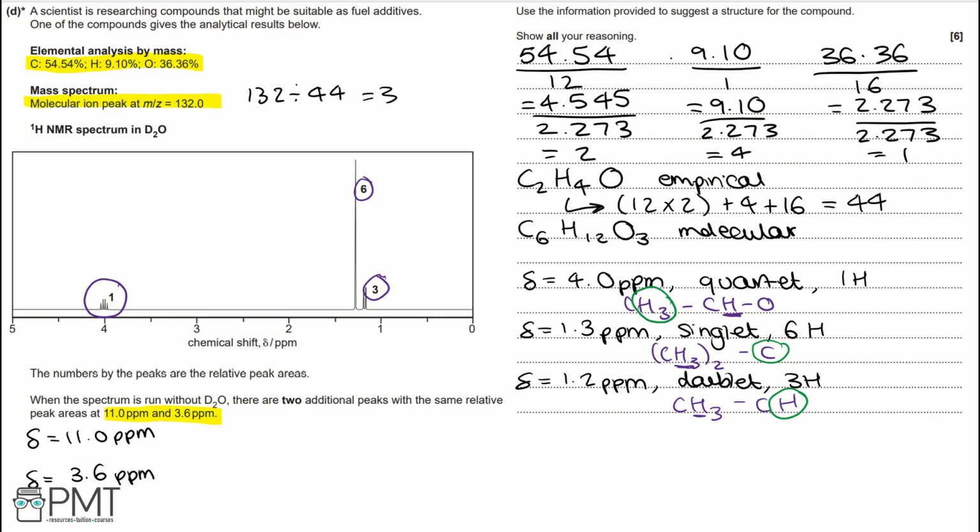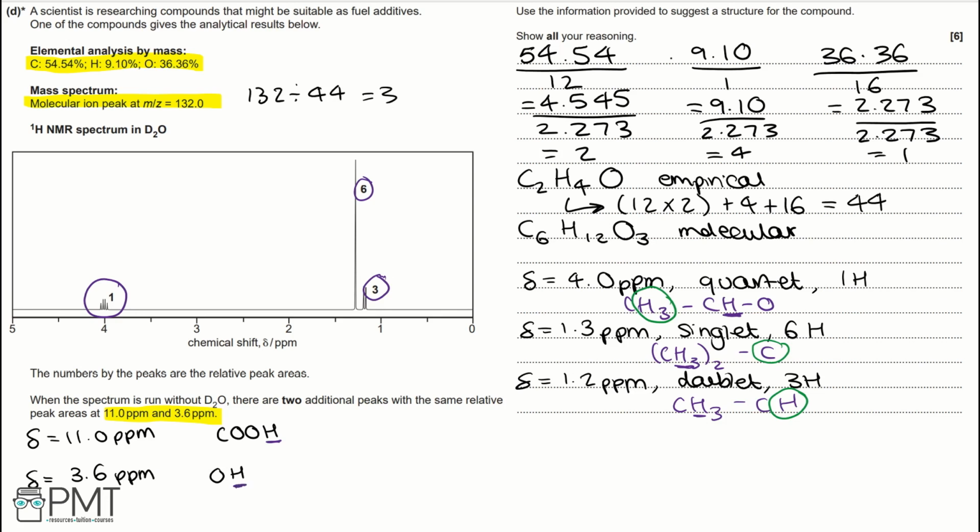So we look for ones with an OH in their group. So the chemical shift value at 11 ppm, that's a carboxylic acid, or COOH. So the hydrogen in question is this one on the end. And then at 3.6 ppm, this is an OH peak. So the hydrogen that is removed is this hydrogen here.